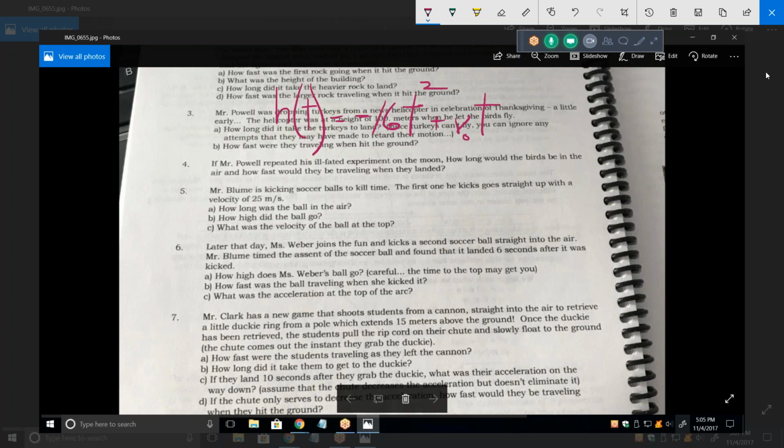And they've given us the initial velocity, so I can fill in v sub 0 as 25 meters per second. And now there is the equation of the height of the soccer ball at any point in time.